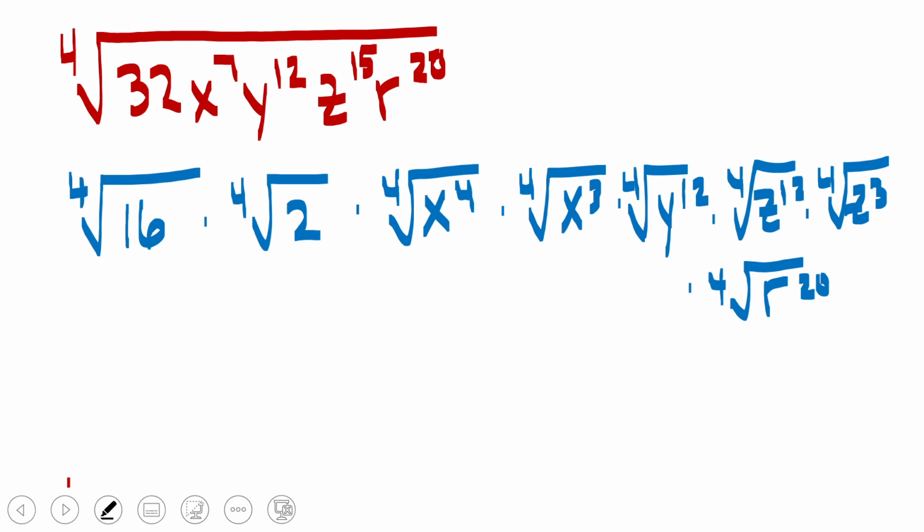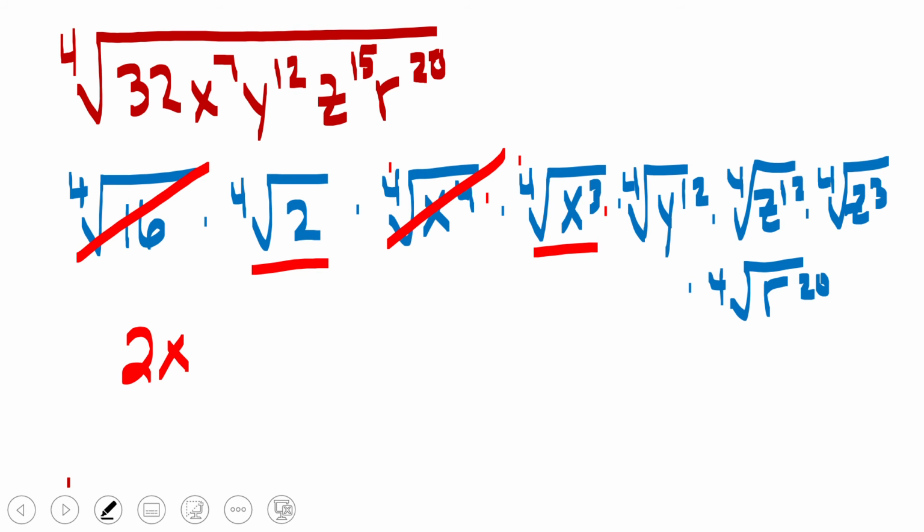All right. So the fourth root of 16 is 2. So we address that. We're going to leave this one alone. 4 divided by 4 here leaves x. 3 and 4 we can't divide, so we're going to leave that one alone. 12 divided by 4 leaves 3, so we have y to the third.